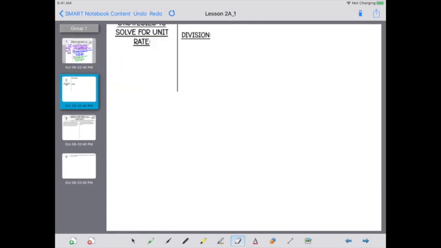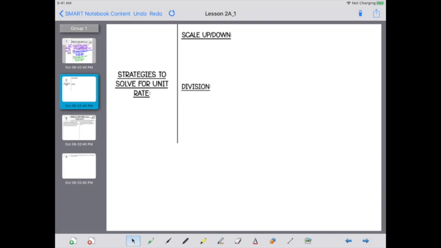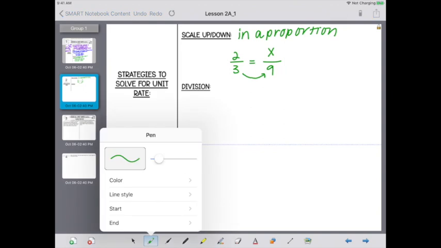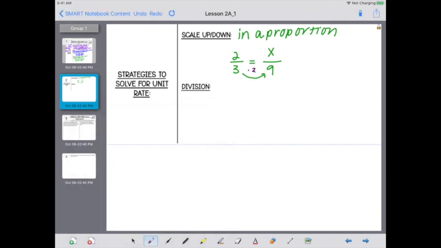So let's move on. We're going to cover some strategies to solve for unit rate. So when you're scaling up or you're scaling down, this is within a proportion. So let's say we have 2/3 equals something over 9. So we would have to say, okay, I know 3 to get to 9, we have to multiply by 3.